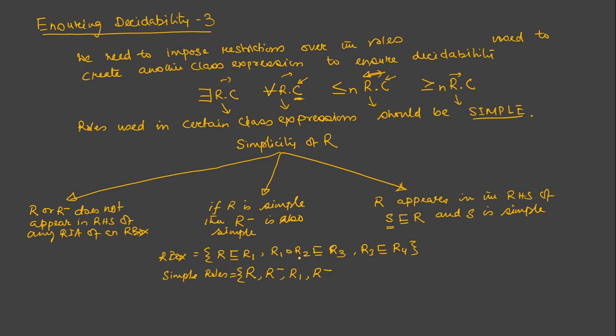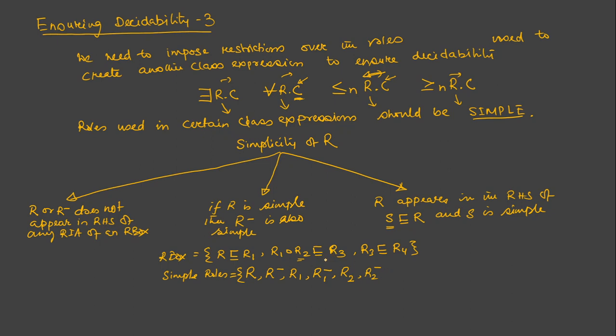Now take R2. R2 appears in the left hand side of the RIA, right? And it does not appear in the right hand side of any RIA. So that's why R2 will also be a simple role. And as R2 is a simple role, R2 inverse will also be a simple role. Now take R3.